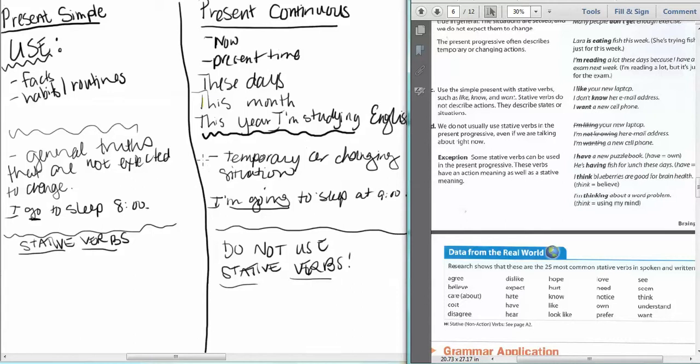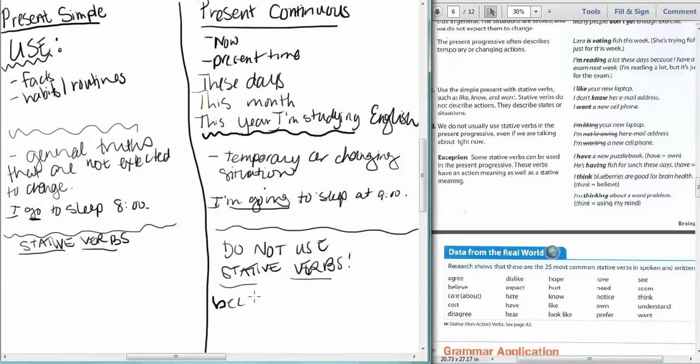The big thing about present continuous is that you do not use stative verbs, because they are not actions. A stative verb is not an action. Present continuous is only used to show action.